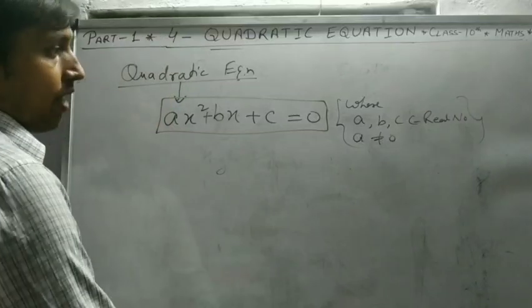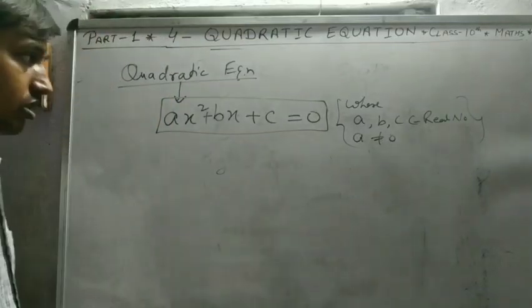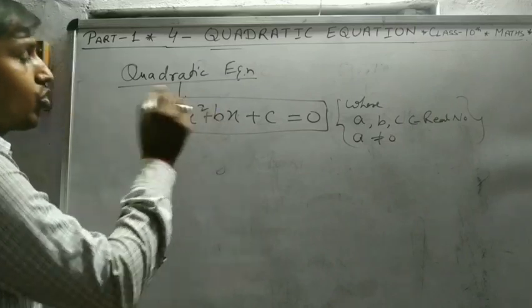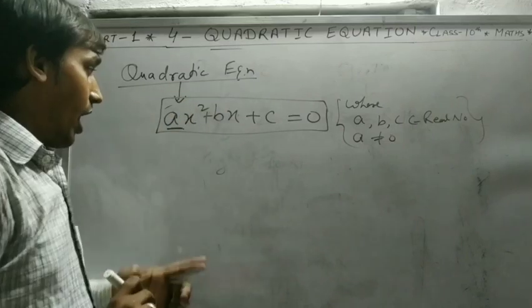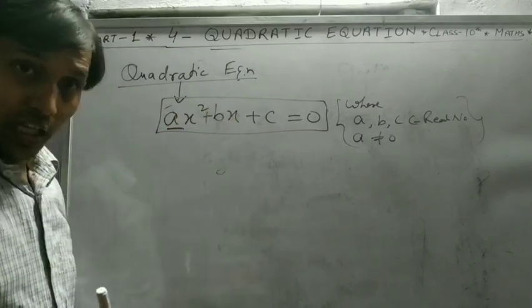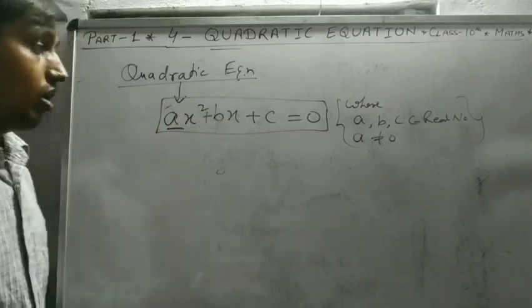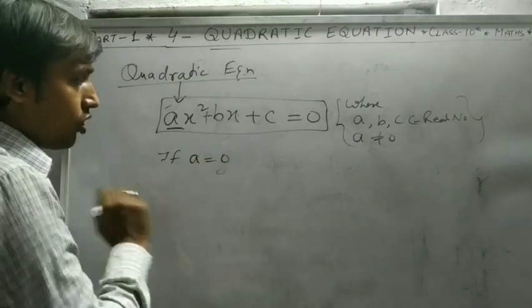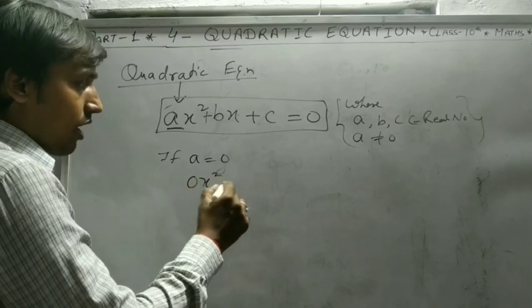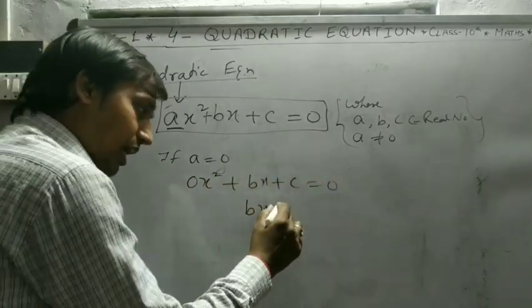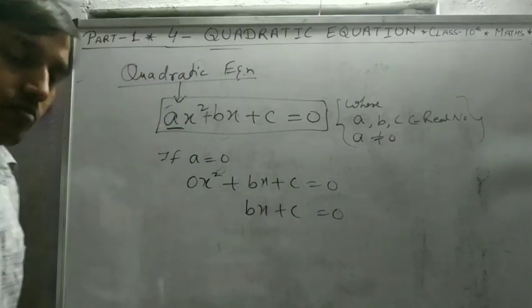You know why? Because when a is 0, the x square term becomes 0, so the equation converts into degree 1. Just like if a is equal to 0, then 0x square plus bx plus c is equal to 0, that is bx plus c is equal to 0.